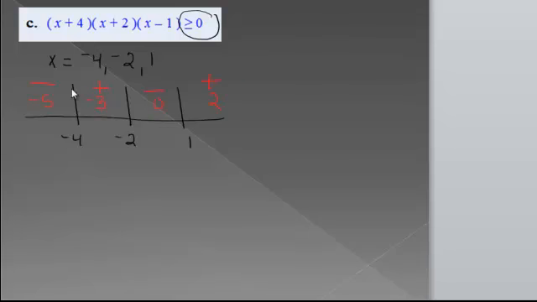Alright, after plugging in all of these red numbers, I get these signs. Whenever I look back at my function, it says greater than or equal to 0. That means positive or 0. That's what I'm looking for. That means I want this section and this section.